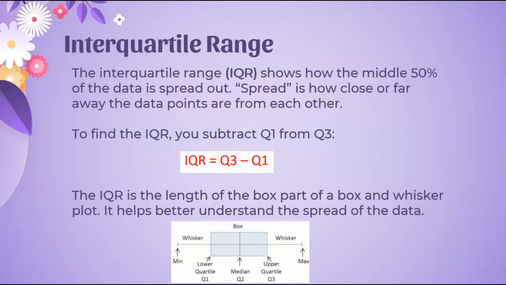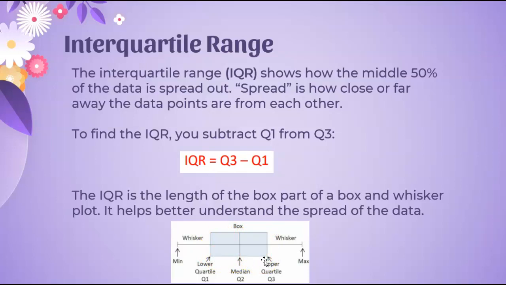So the interquartile range shows how the middle 50% of the data is spread out. And that is the data that's in the box. This is where you want to see most of your data in a data set fall.